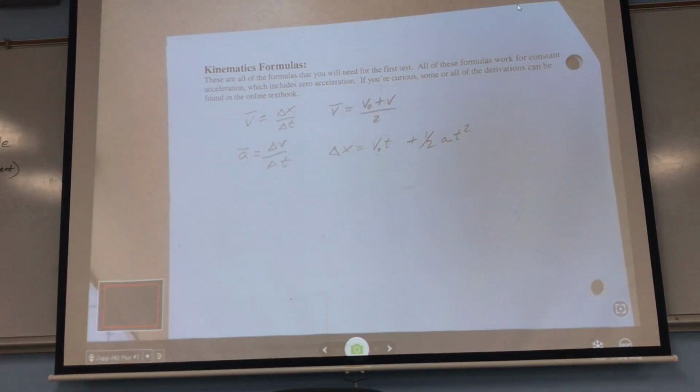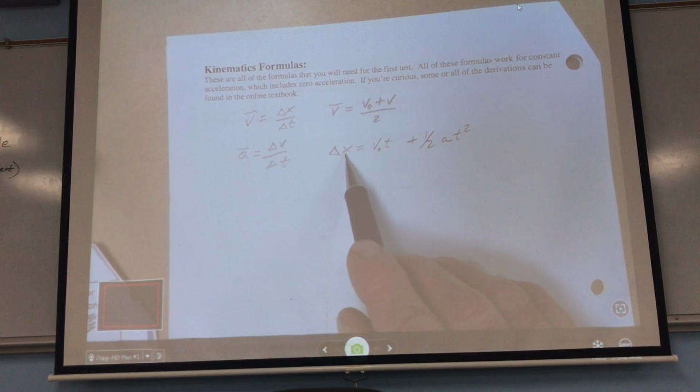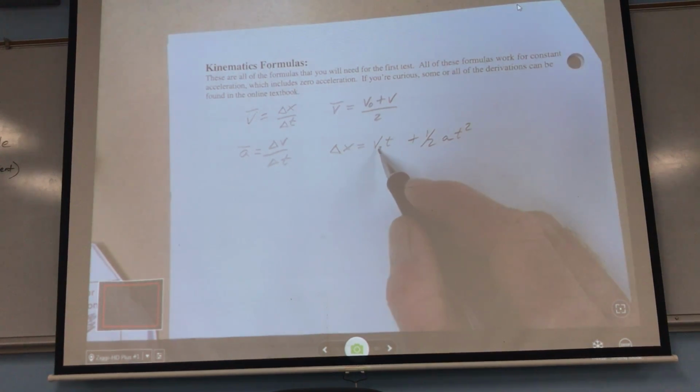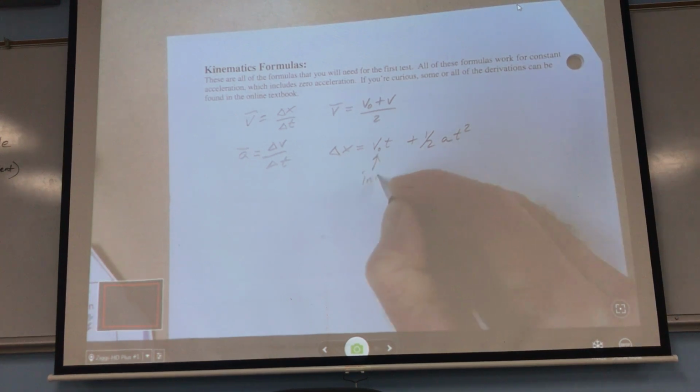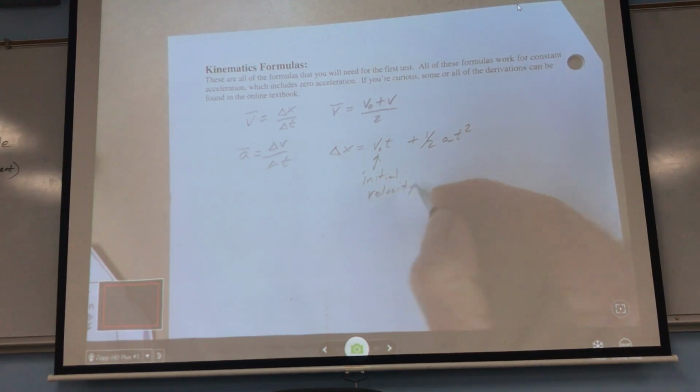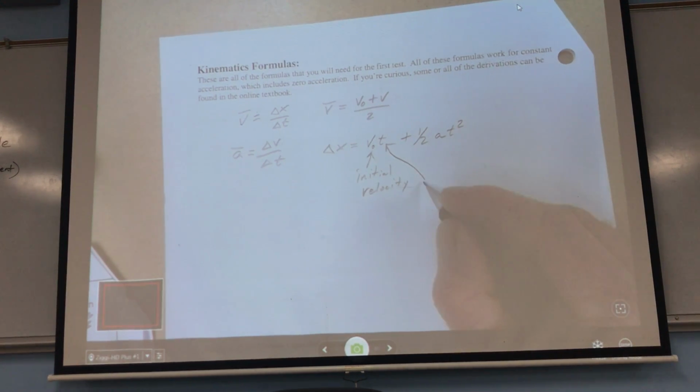What's v0t again? I gave you this. So v0t is initial velocity times time. I guess I can write that. Initial velocity, time. Like the total time, like delta t. Change in time. I don't know why it's never listed as change in time, but this is actually delta t and this is delta t too.